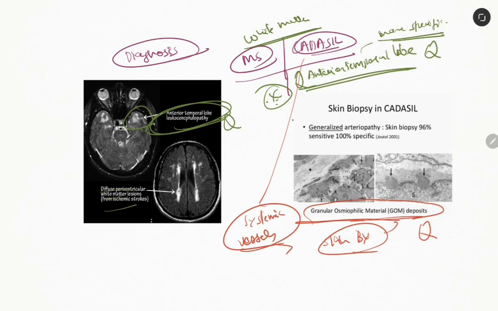So your CADASIL is diagnosed by skin biopsy. It has 96% sensitivity and 100% specificity. These are your GOM. So, if they ask about a neurological disorder which is diagnosed by skin biopsy, then your answer is CADASIL.